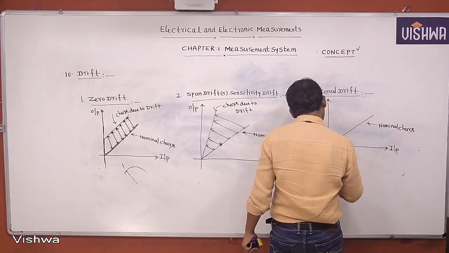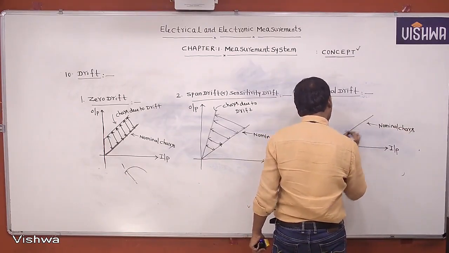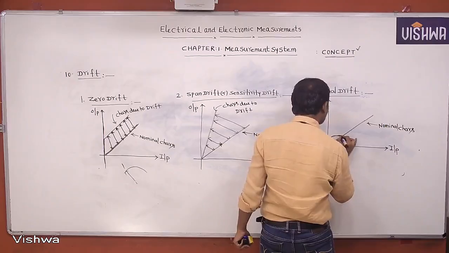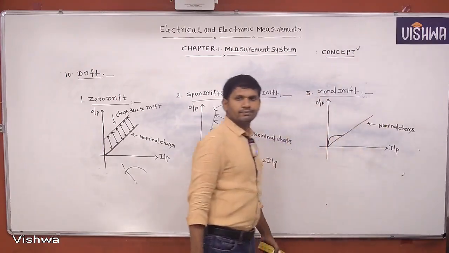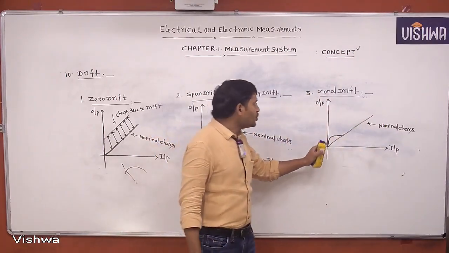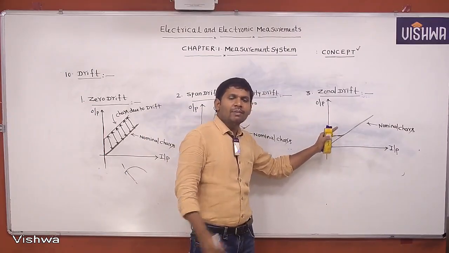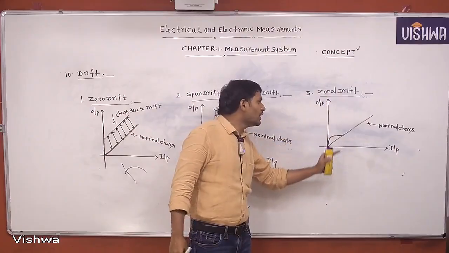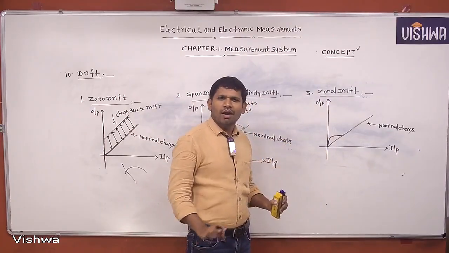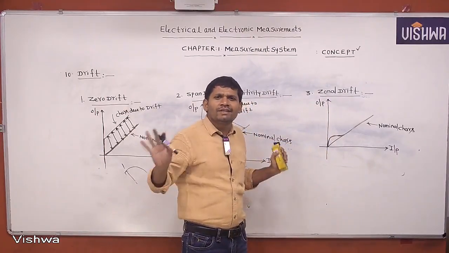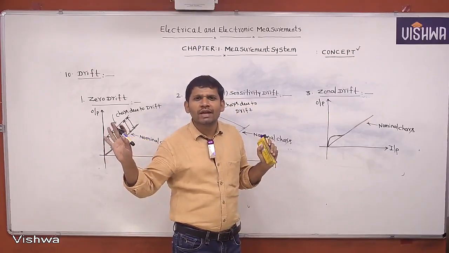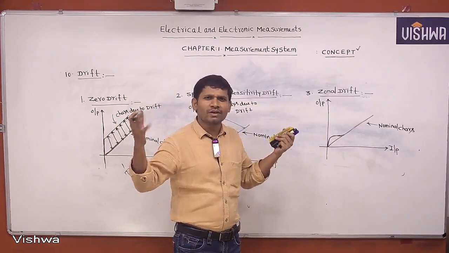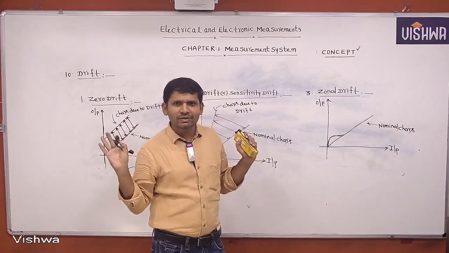But due to drift, we are getting characteristics like this. Up to some portion only we get drift, and in the remaining portion there is no drift and we get the actual values. That is nothing but the zonal drift characteristics. For all these drifts, the reasons are external electromagnetic and electrostatic fields and vibrations.